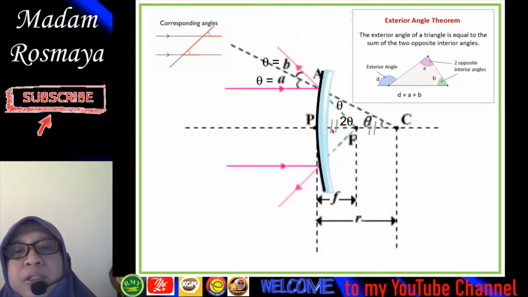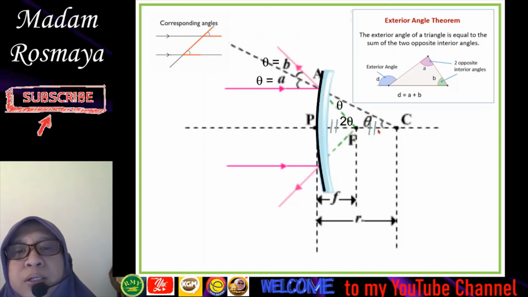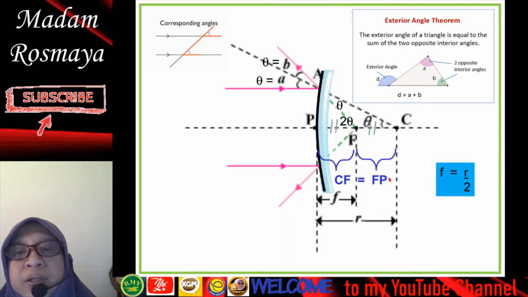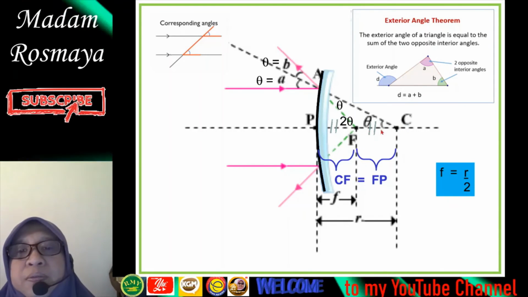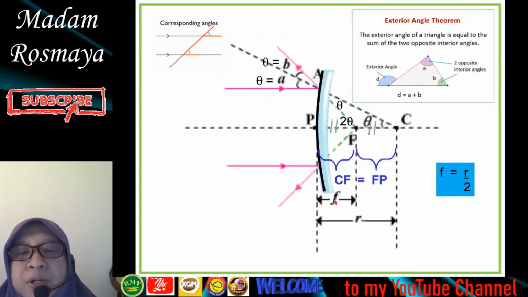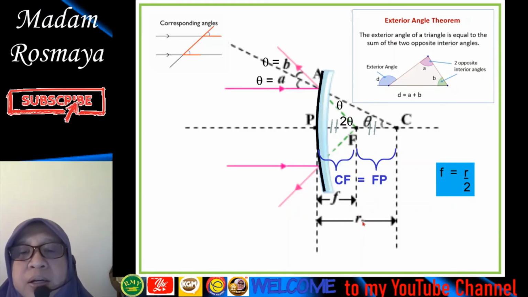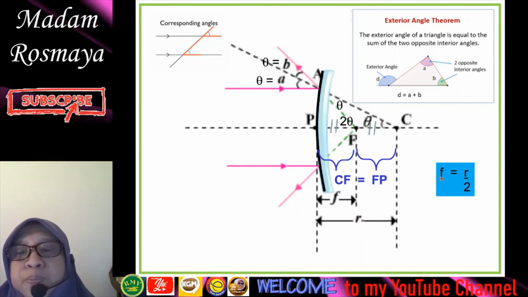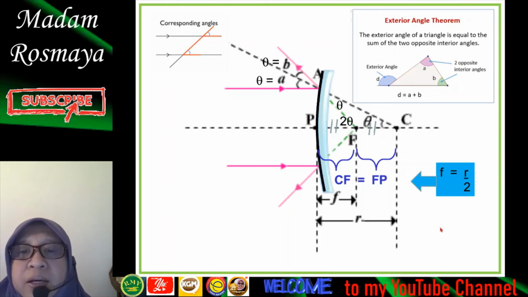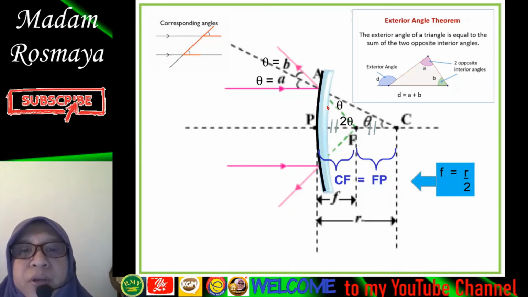So therefore, because this is theta and this is 2 theta, the two lengths PF equal CF. Therefore, CF is F, the focal length, and PC here is the radius of curvature. So it is proven that F equals half R. So this is for the convex mirror.